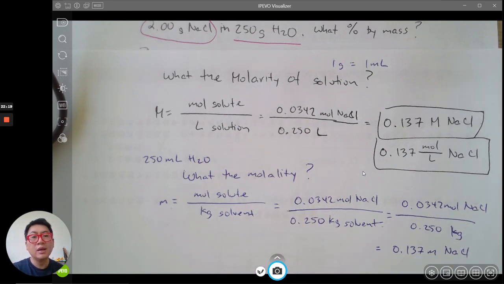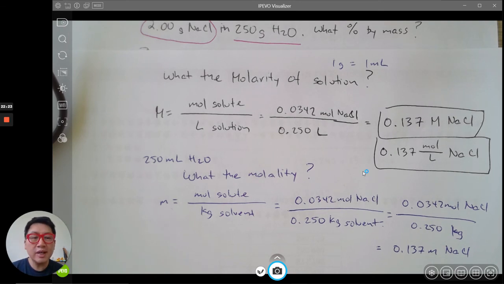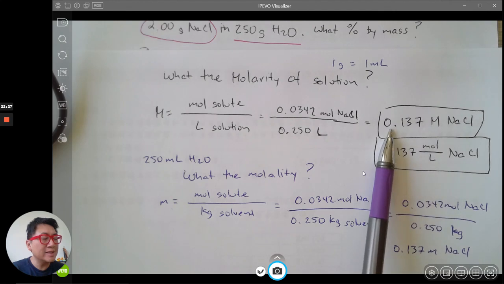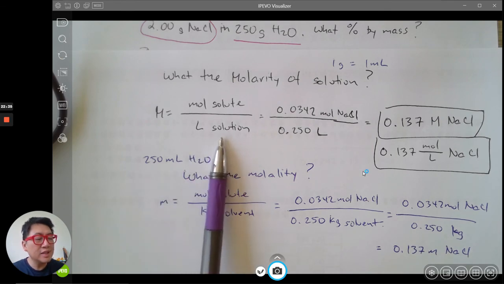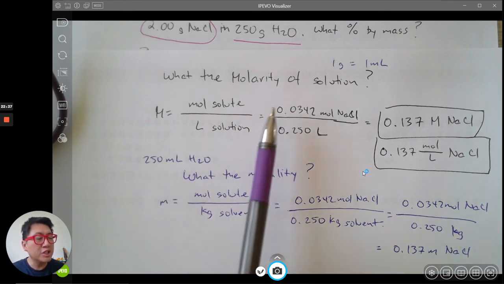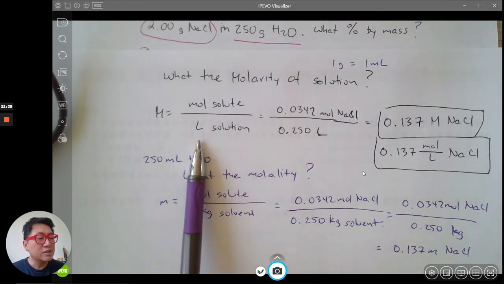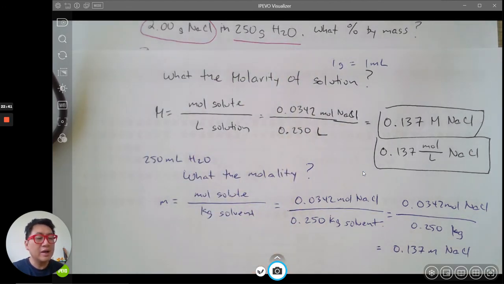Okay, so in this case, it's pretty much the same. Technically, molarity here is not necessarily the most accurate because when I was making this problem up, I realized, oops, technically this is liters of solution, and I just put the solvent. Solution is solute plus solvent, and I was kind of ignoring the volume of the sodium chloride.